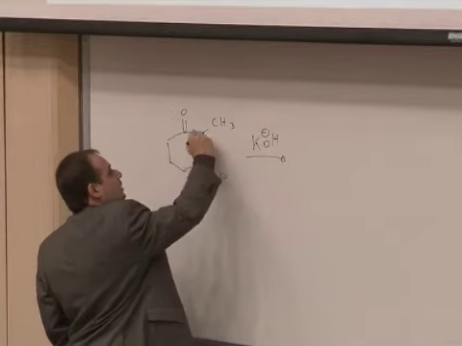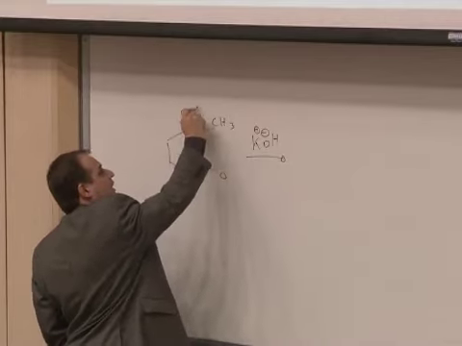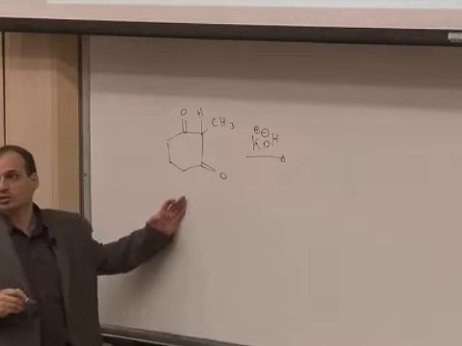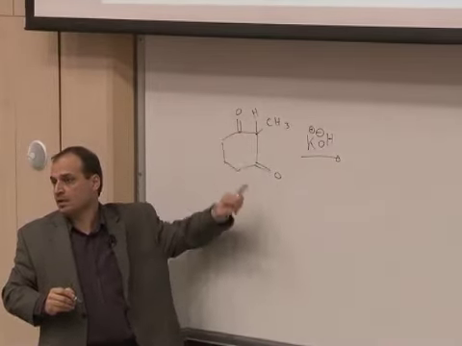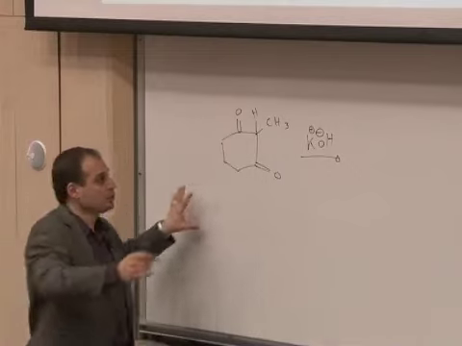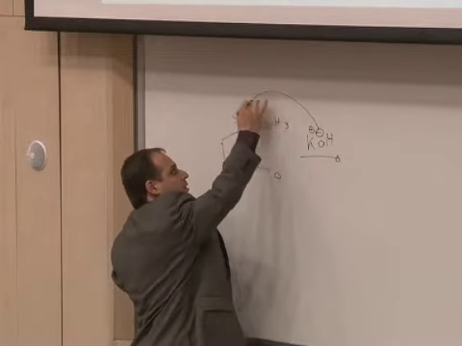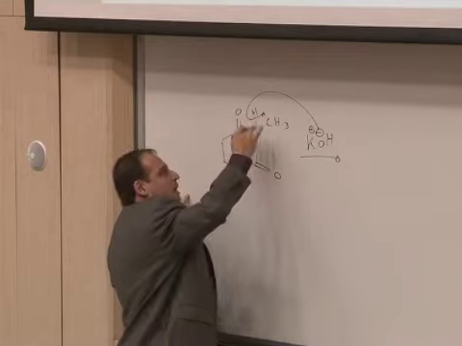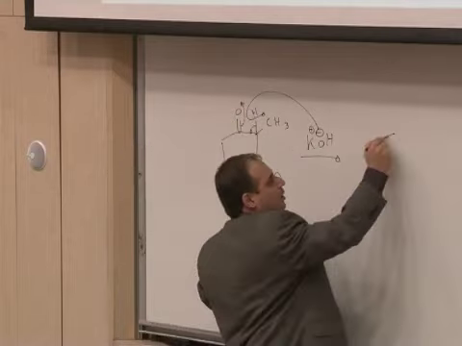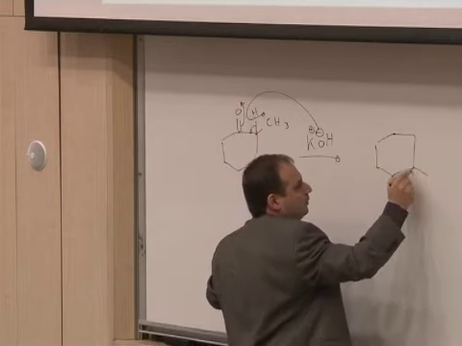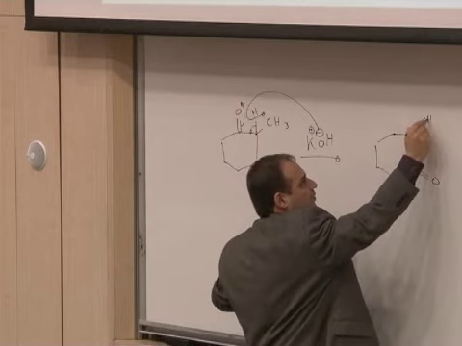Of course, the most acidic hydrogen in this diketone is this hydrogen, because the enolate right here is stabilized by resonance. So you have O minus. To abstract this hydrogen, let's draw this resonance structure now. And you are getting this enolate.